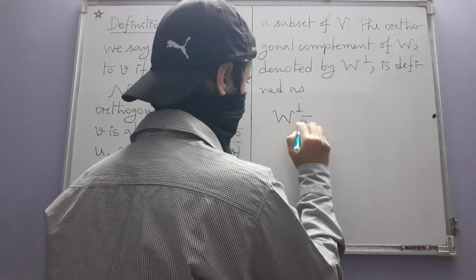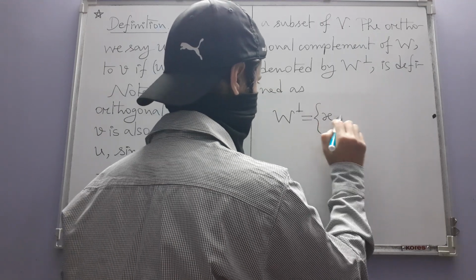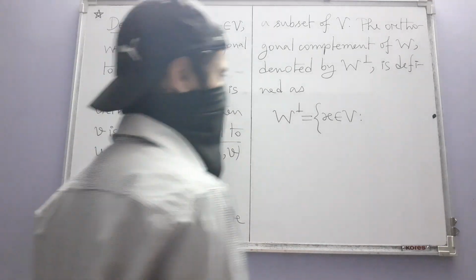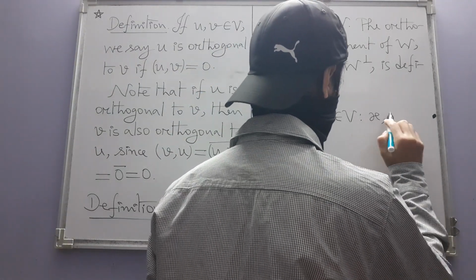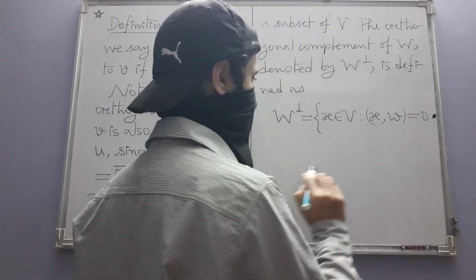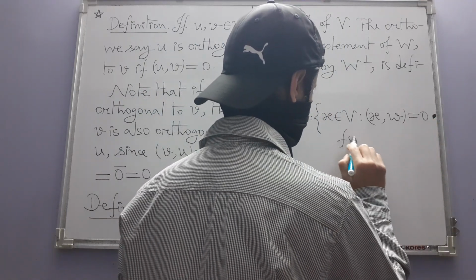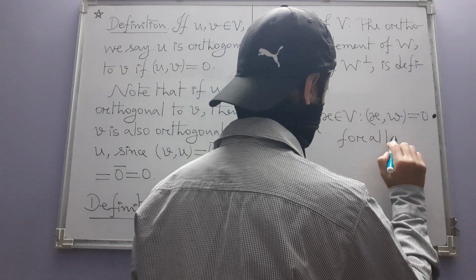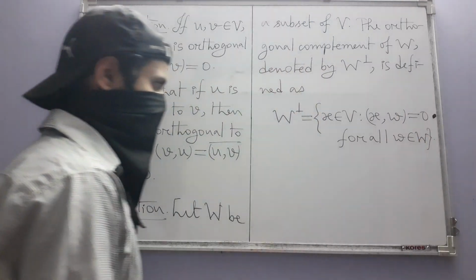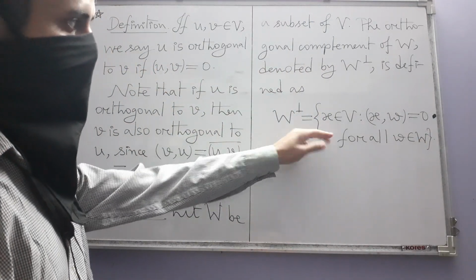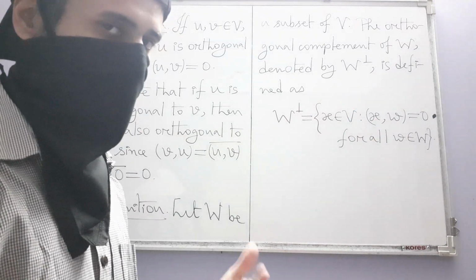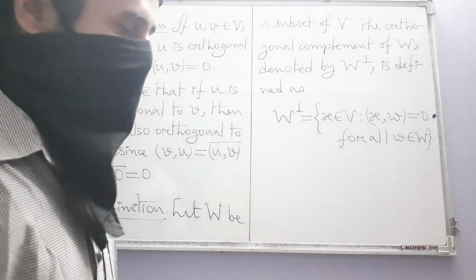W perpendicular is defined to be the set of those vectors x in V which become orthogonal to all the vectors in W. So this means that we have to consider those x that are orthogonal to not just some vectors in W, but orthogonal to everything in W, all the vectors in W.